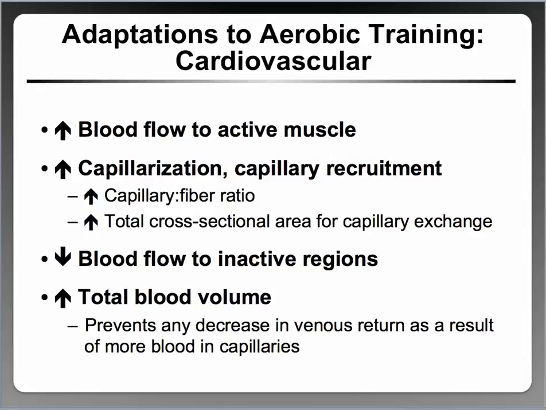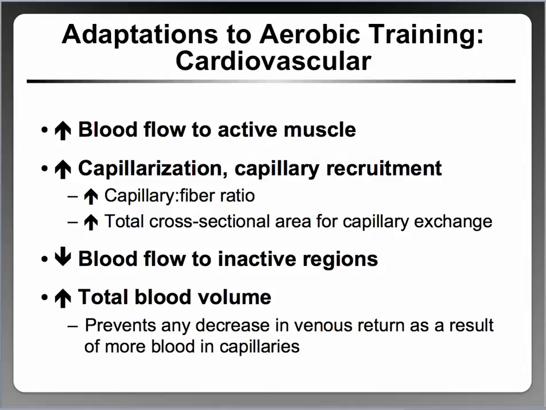So the combination of an increased number of capillaries as well as an increased capillary recruitment results in an increase in the total cross-sectional area that's available for capillary exchange.